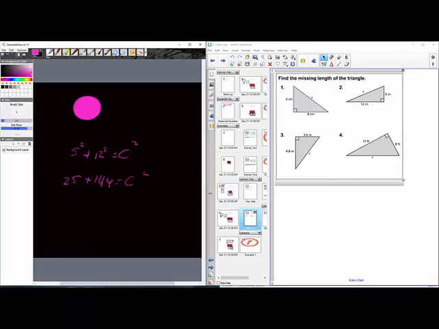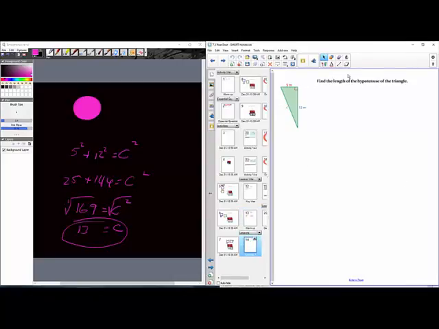And then this equals 169 equals c squared. Square root, and I have c equals 13. And you can do the other ones down here, with the same kind of steps. This one here, find the length of the hypotenuse. It's the same exact thing. It's 5 squared plus 12 squared. This is the one where I get 13.